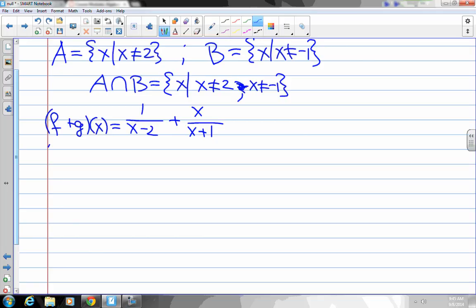Now, if I ask you the difference, that will be the difference of the two functions. Again, we don't possess the skill of finding the LCD for these types of algebraic expressions, so we're just going to leave it like that. But what is the domain of these two functions?